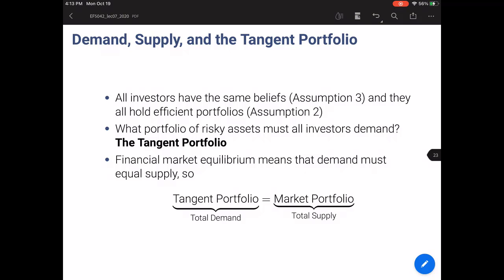And the Tangency portfolio only intersects the frontier at a specific point. So what this is saying is that once we allow the economy to equilibrate, then demand for risky assets will equal supply, and therefore the Tangency portfolio must be the market portfolio.